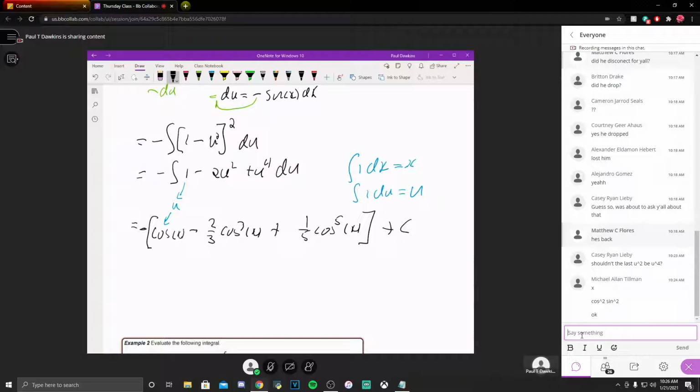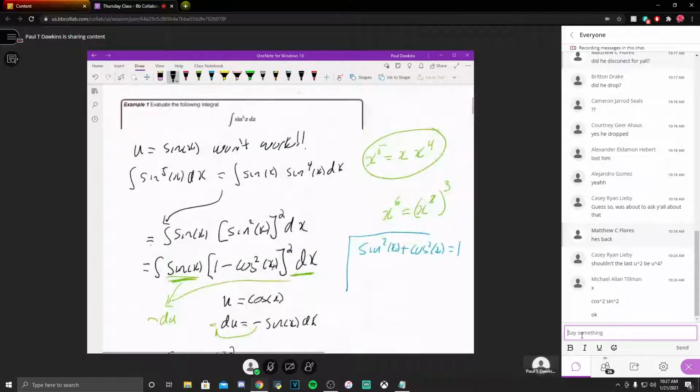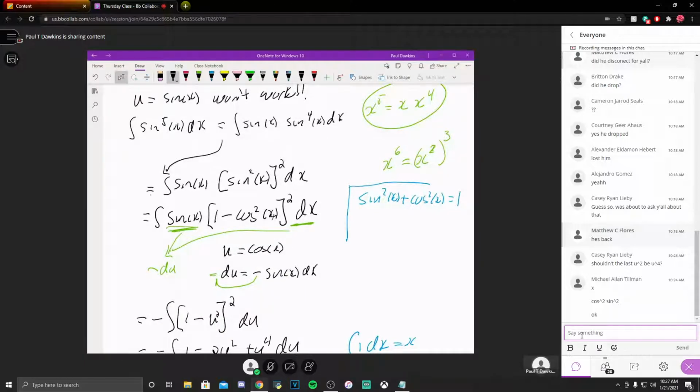I'll point out here, folks, I'm not going to do this because we don't have the time, of course. If this had been a cosine to the 5th, I'd do pretty much the same thing. What would I do? I'd strip 1 cosine out. I'd have cosine to the 4th left over, and cosine to the 4th is cosine squared squared.